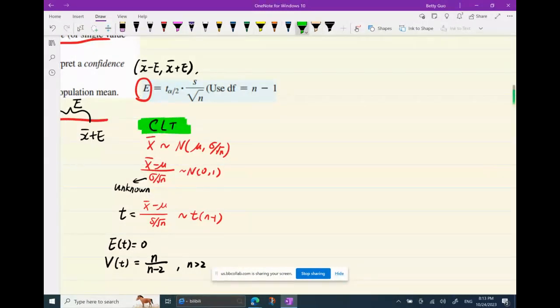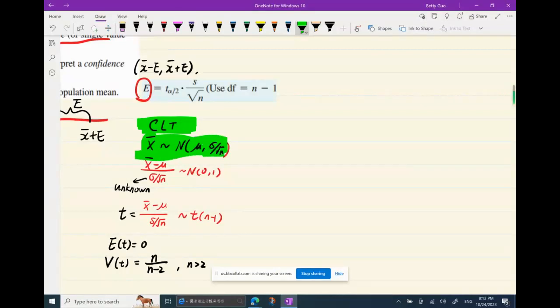Based on the central limit theorem, we know that sample mean is normally distributed, right? Remember central limit theorem? Either the population is normally distributed or the sample size is bigger than 30, then x bar is also roughly normally distributed with mean mu and standard deviation sigma over root n.